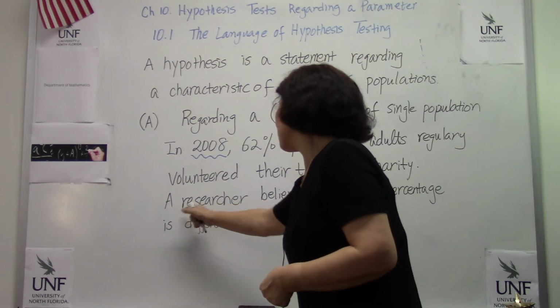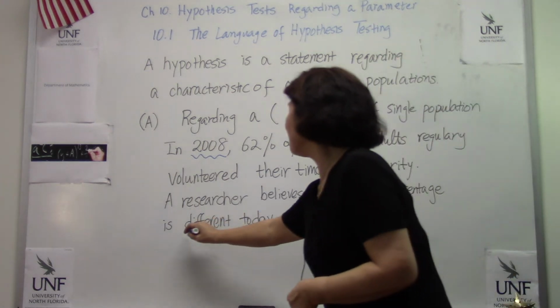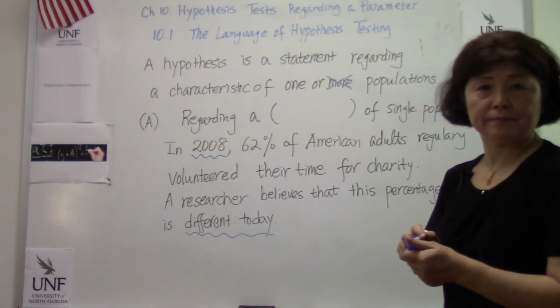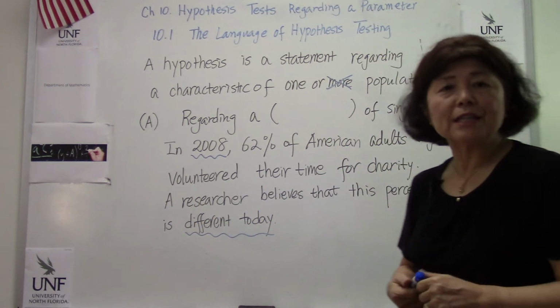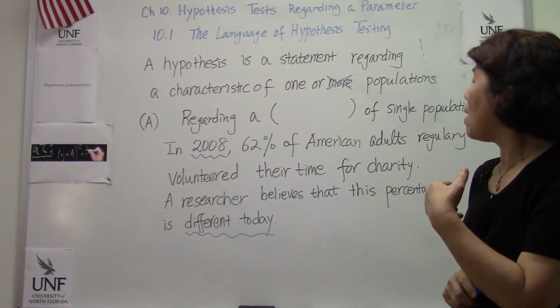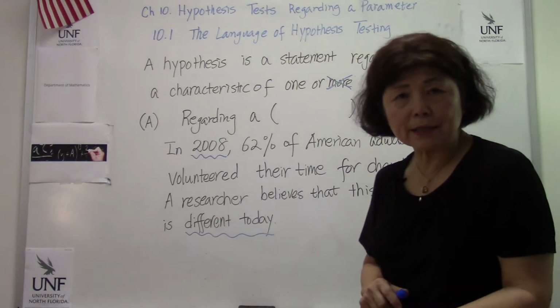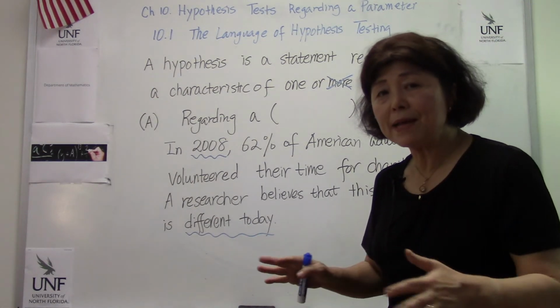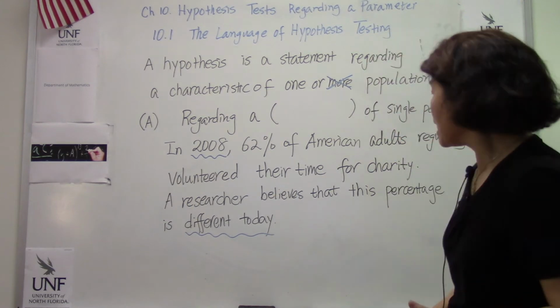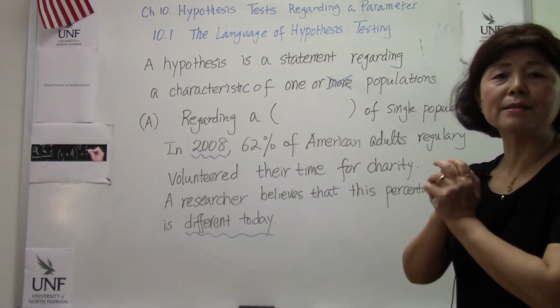So now a researcher believes that this percentage is different today. The researcher did not say that the rate is going to be higher than 62% or lower than 62%. That person did not specify that. Simply, it is different today. Currently it is different.